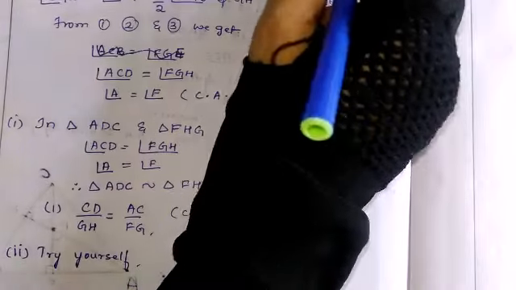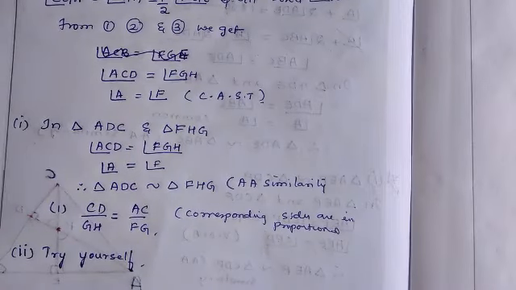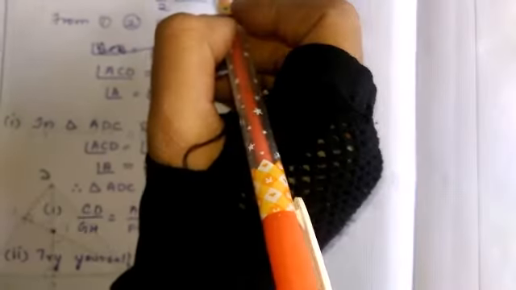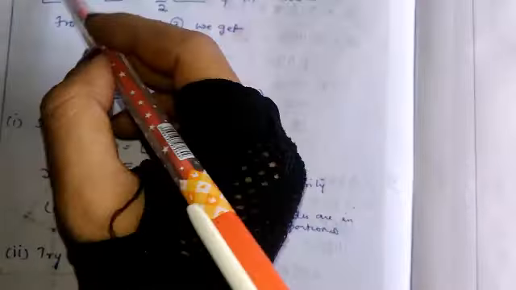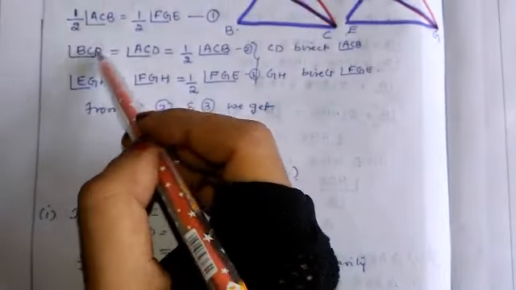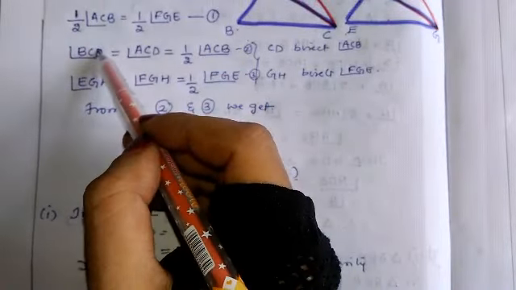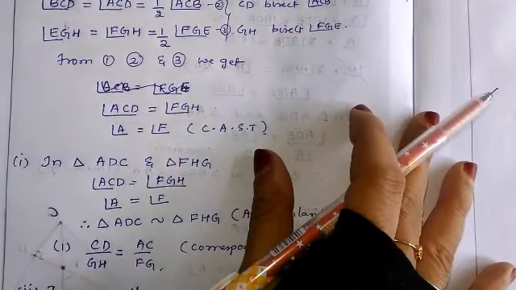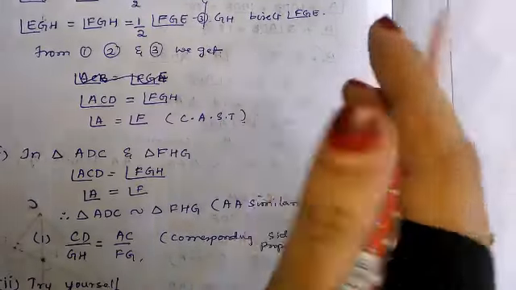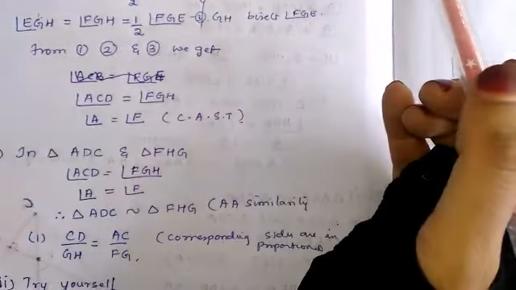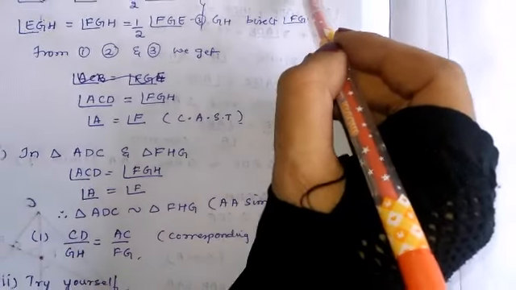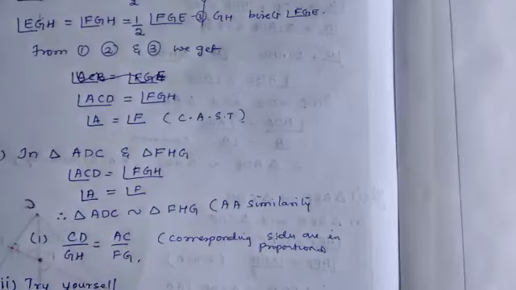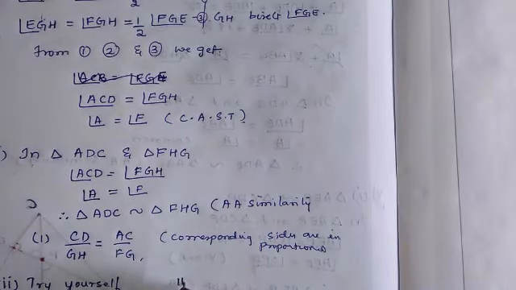These two triangles we have to make similar. Directly, angle BCD is equal to angle HGE, because things which are equal to the same thing are equal. One equal angle we got, and one more thing: corresponding angles of similar triangles ABC and FEG are equal, so angle B is equal to angle E. Two angles are equal, so they are similar. Like that, you people have to do the second and third.